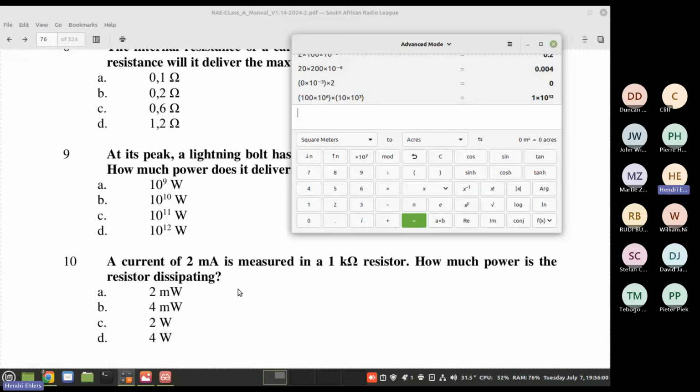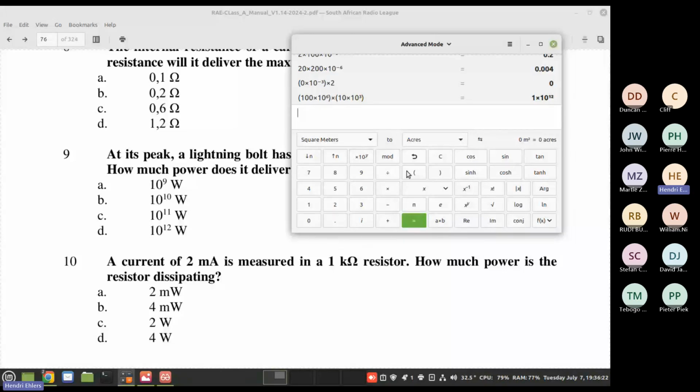A current of 2 milliamps is measured in a 1 kilo ohm resistor. How much power is the resistor dissipating? Okay, so it is 2 milliamps.